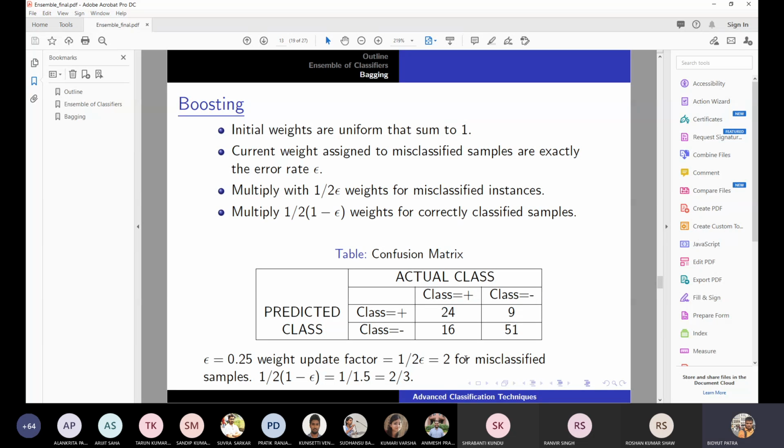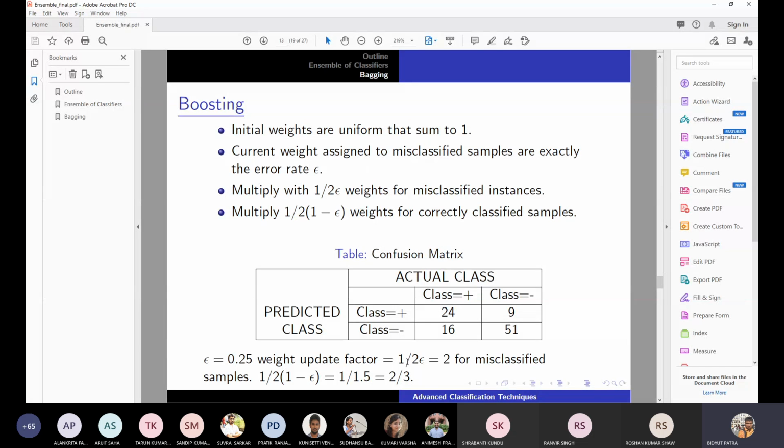And what will happen for the rightly classified sample? 1 by 2 into 1 minus epsilon. So 2 into 1 minus epsilon, what is this? 0.75. Okay. So then you multiply. So it will be 1 by 1.5. So the rightly classified sample weight will be 2 by 3. So the wrongly classified sample weight will be 2 and the rightly classified sample will be 2 by 3.